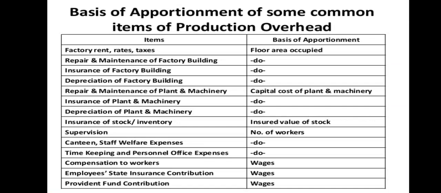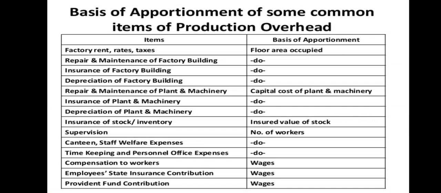If you understood this, you can understand the previous two slides clearly. So, basis of apportionment of some common items of production overheads. Items and the basis of apportionment are given. I am reading them out, please check one after another.